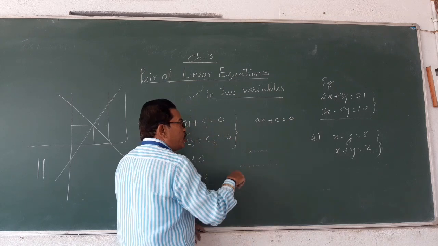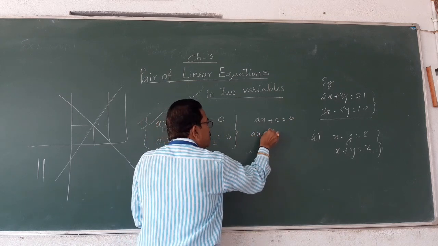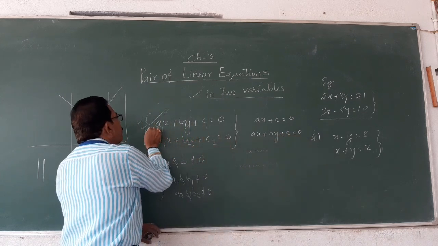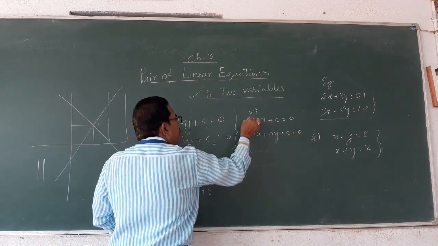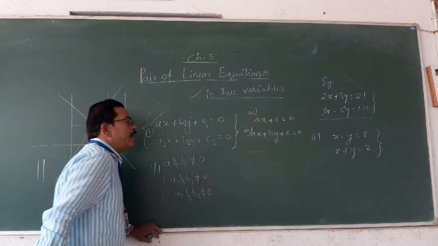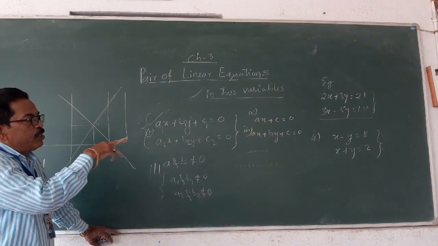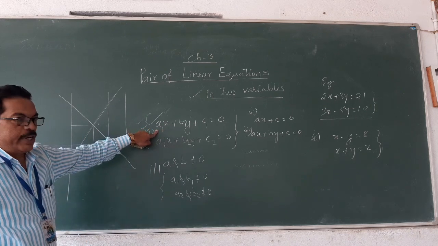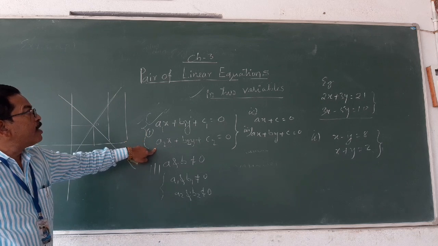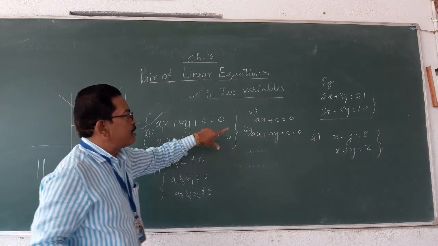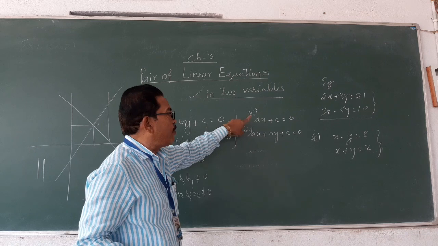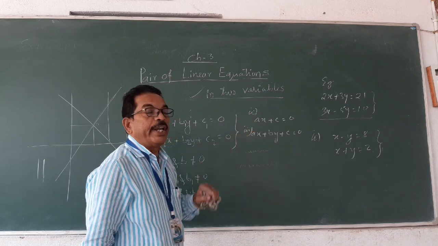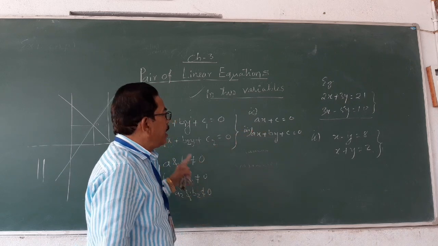The linear equation in two variables is ax plus by plus c equals 0. All three types are shown here on the board. This one is the general form of a pair of linear equations. This one is the general form of a simple linear equation. This one is the general form of a linear equation in two variables. Okay, let us begin.